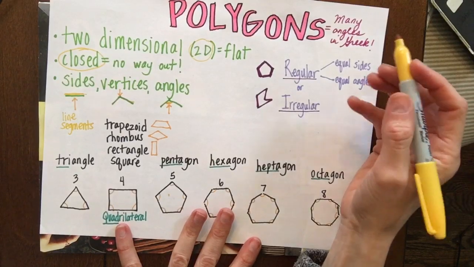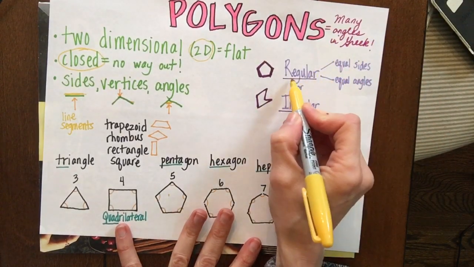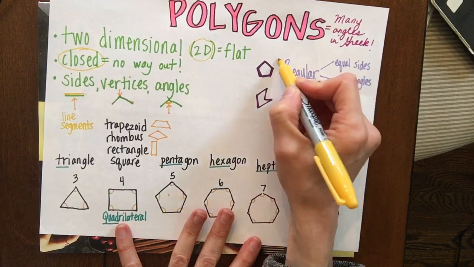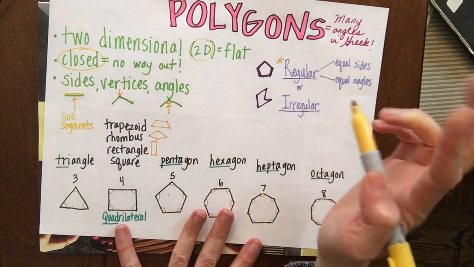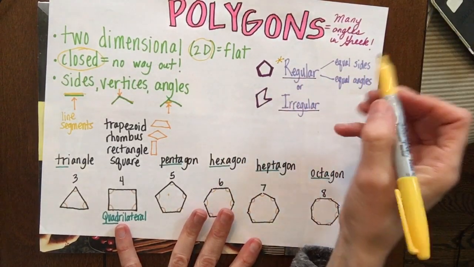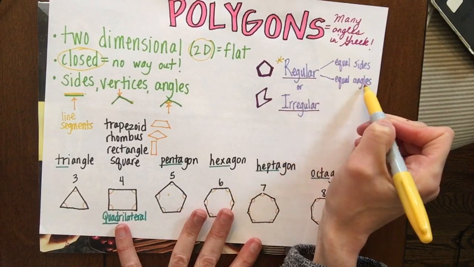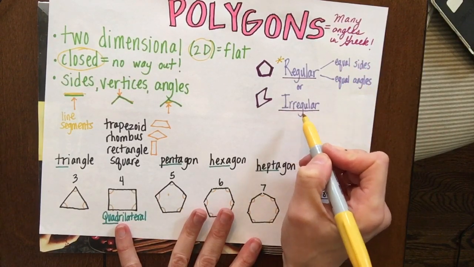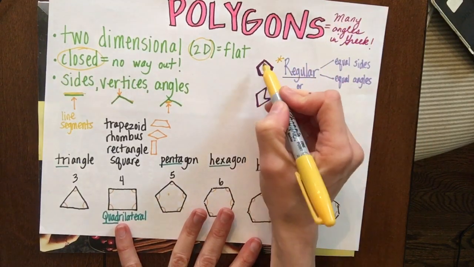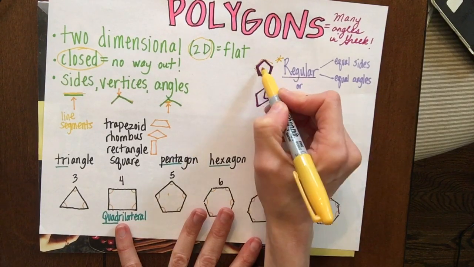Okay, another thing before we move on to our new stuff, so just a review, that they can be regular, okay, or irregular. Now we see regular the most because they're regular or usual or kind of like the basic normal ones. And those are polygons that have equal sides or equal angles. But there are also irregular ones, okay? So, for example, this has 1, 2, 3, 4, 5 sides and 5 angles.